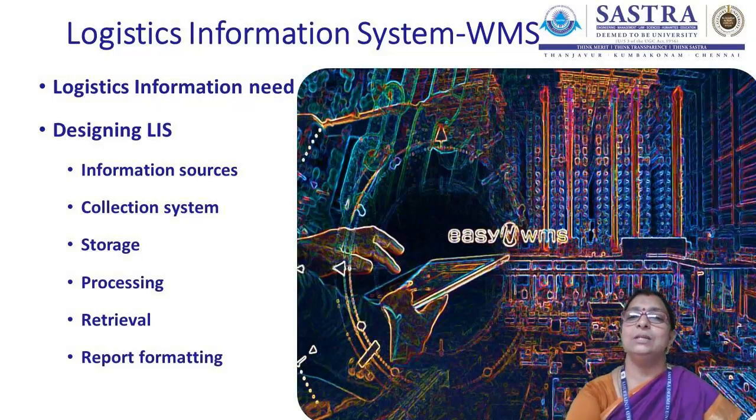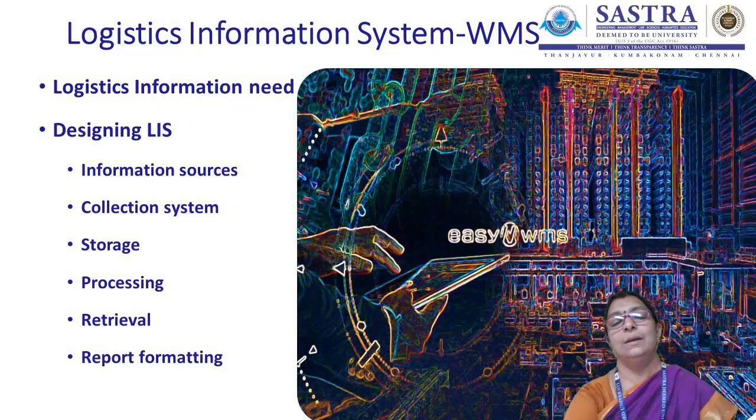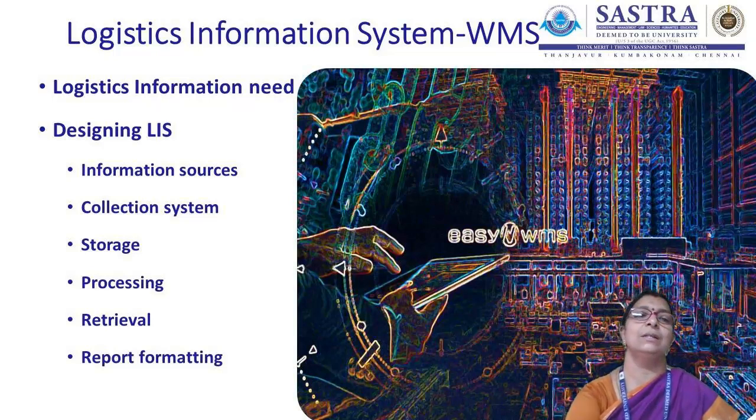Then at each of the places, what I mean here are the distribution, the manufacturing and the procurement centers. In each of the places, decisions are taken based on the information which is present.